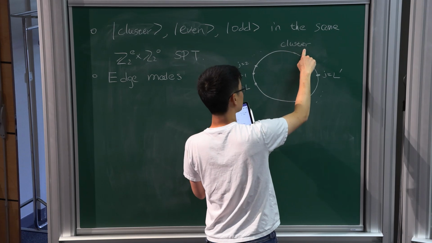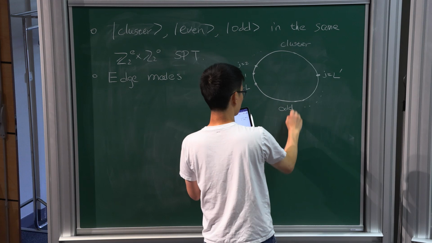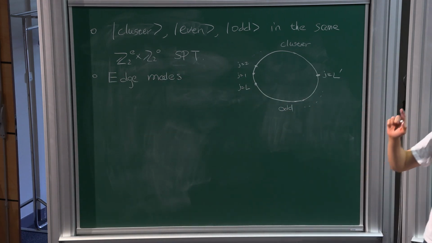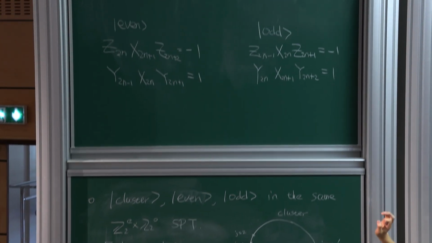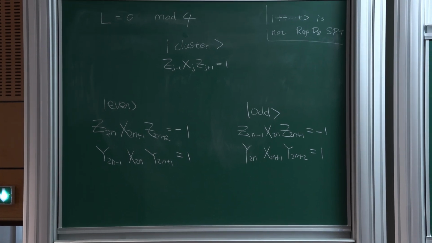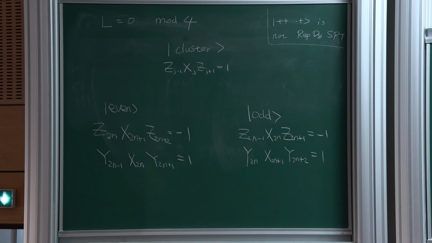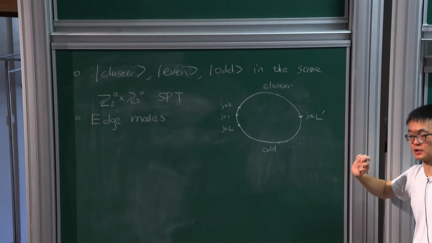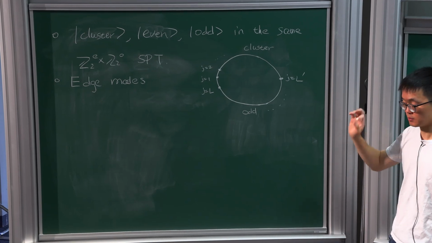I'm going to put the cluster Hamiltonian up here and the odd Hamiltonian down there. I didn't really write down the Hamiltonian whose ground state gives you the odd state, but it's relatively straightforward to do. Naively, you would say, let's just take those ZXZ and YXY terms and sum them up. However, that Hamiltonian, even though it gives the correct ground state, doesn't preserve the non-invertible symmetry.